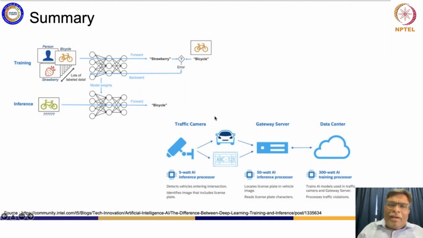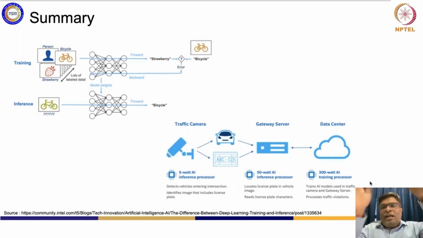So you have, let us say, a traffic camera, a gateway server, and a data center. You have done training at the data center with GPUs, and let us say that this is a 300-watt AI training processor. What it does is train our AI model, which is used in the traffic camera and the gateway servers. So that is the work.